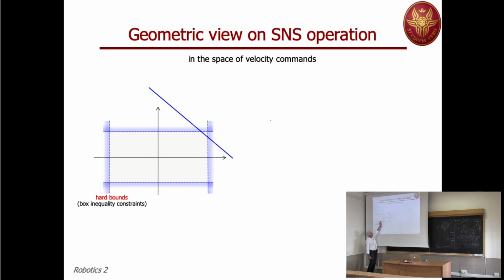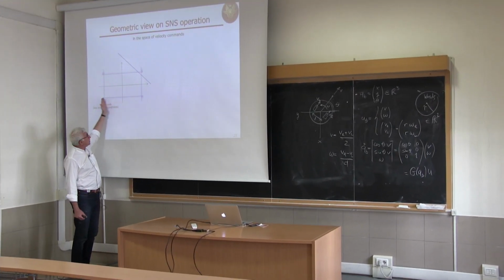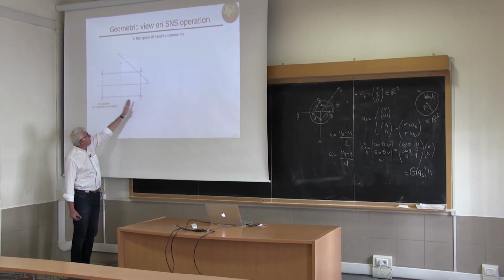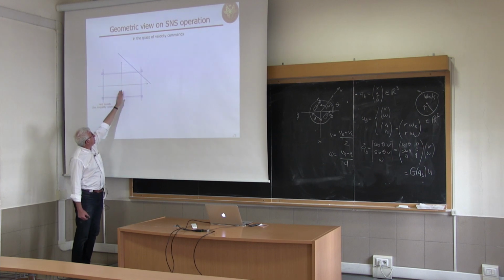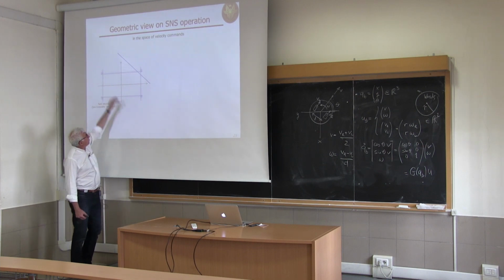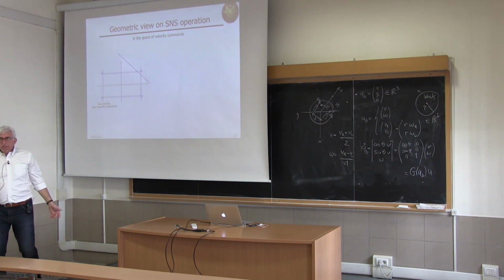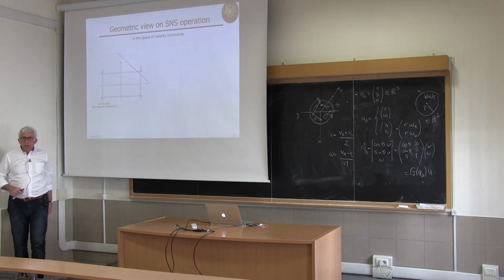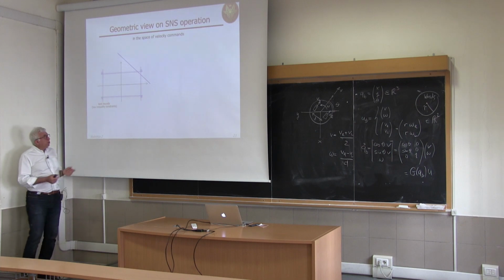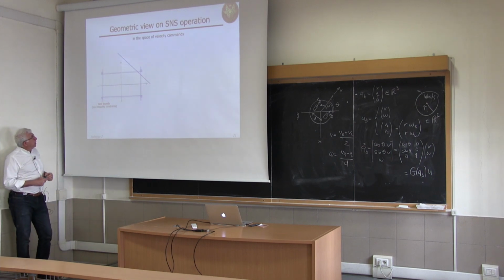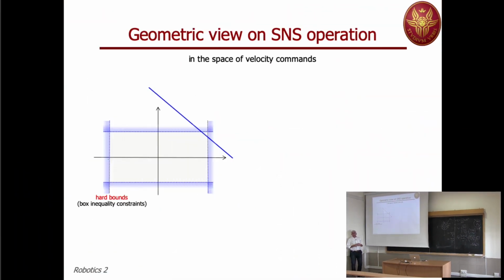And we have hard bounds, so inequality bounds, so we state Q1 dot not larger than this and not smaller than this. You see that this is a symmetric bound of the box type with respect to 0, and same for Q2 dot. Of course, this maximum value need not be the same. In fact, this is not a square, but a rectangle. So we should be inside the rectangle, and at the same time on the line, which represents the equality constraint.